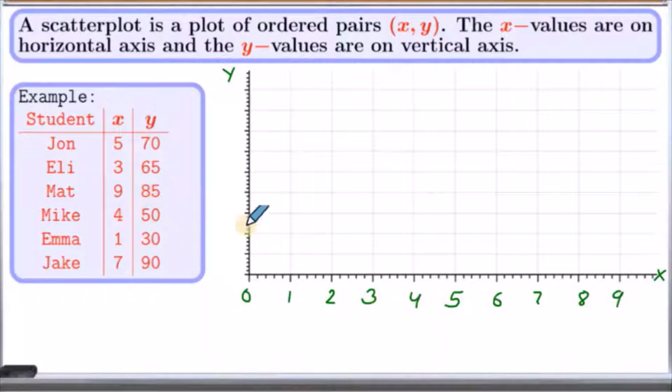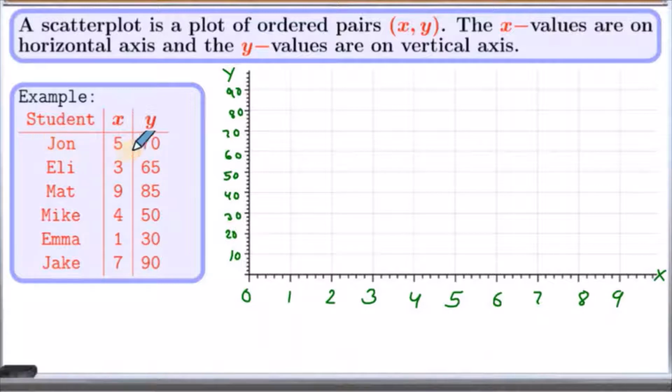And my y values are, here is 0, 10, 20, 30, 40, 50, 60, 70, 80, and 90 here. Now let's put these points on the graph here.